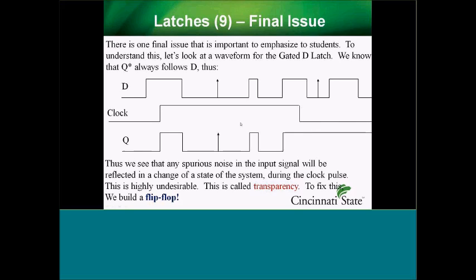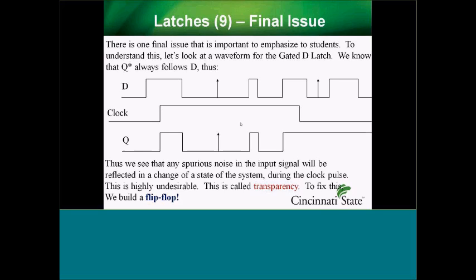So the problem here, and I say this is the second big problem to solve, is that we don't want to have this spurious noise coming through. That means we really don't want a direct line of sight path between Q and D. This is called transparency, and this is a bad idea.